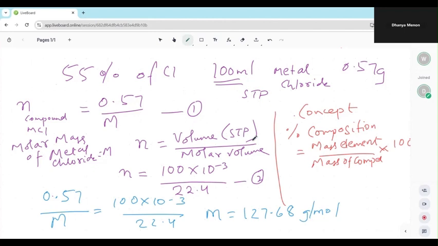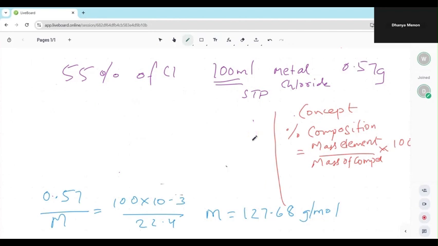Okay, now from here, this part I don't need now. We found out the molar mass of the compound. Now coming to the concept, we know the percentage composition of chlorine is 55%.